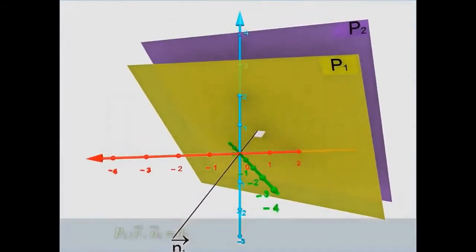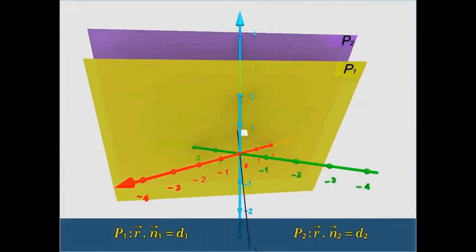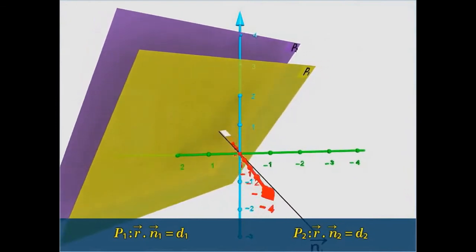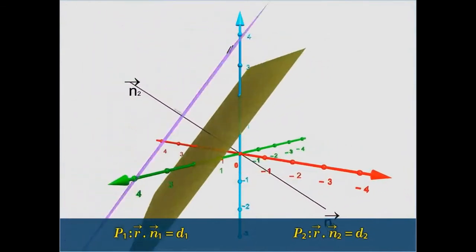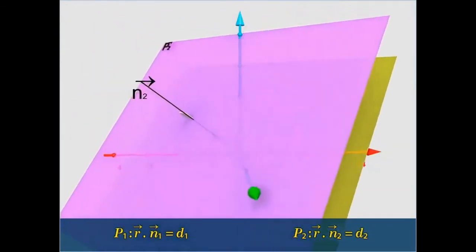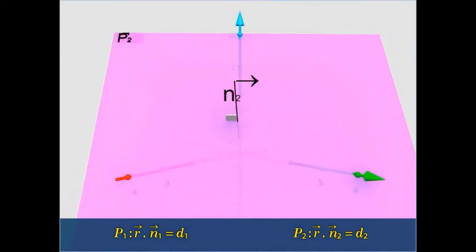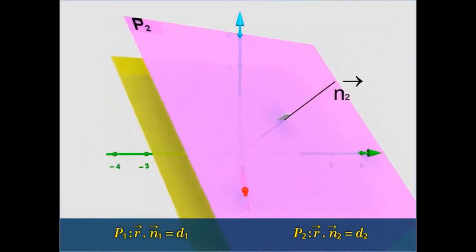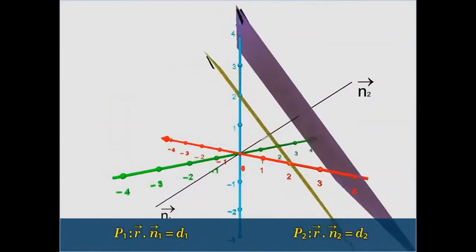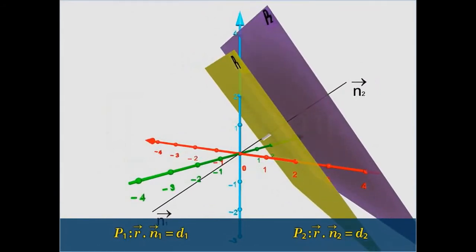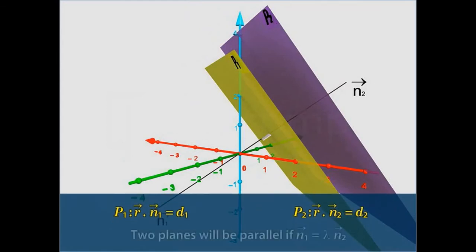Two planes capital P1 and capital P2 with the same equations are parallel if vector N1 is parallel to vector N2. That is, vector N1 equals lambda vector N2.